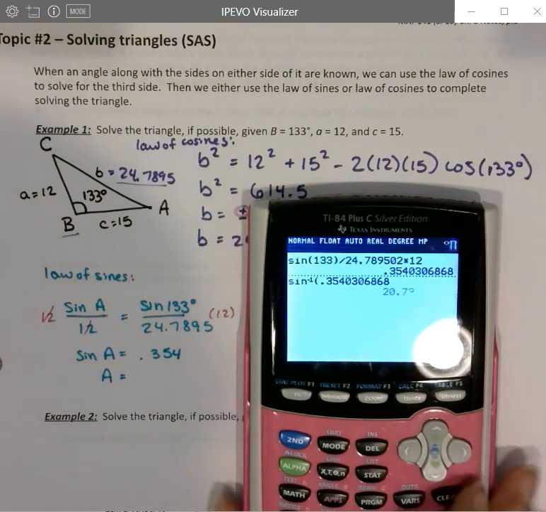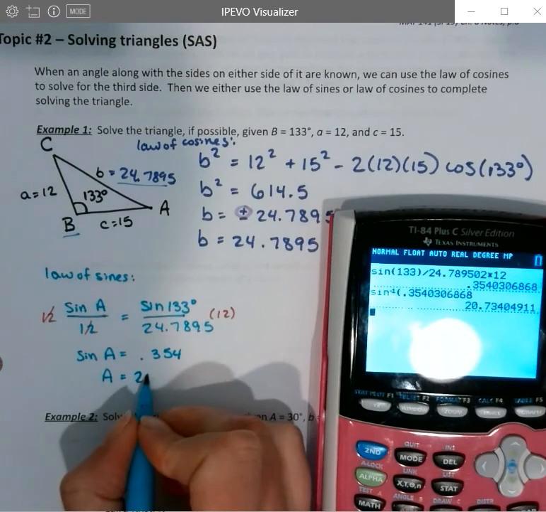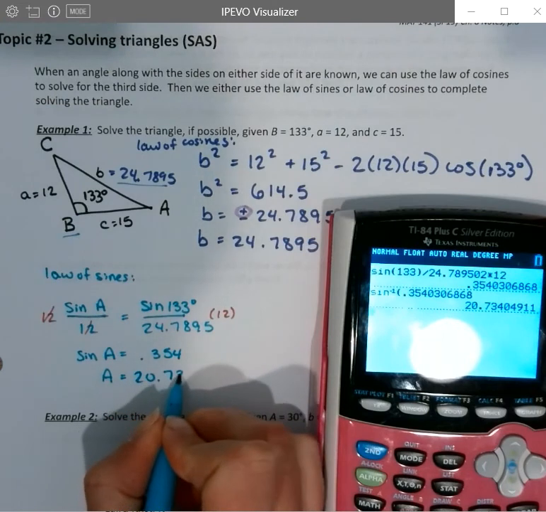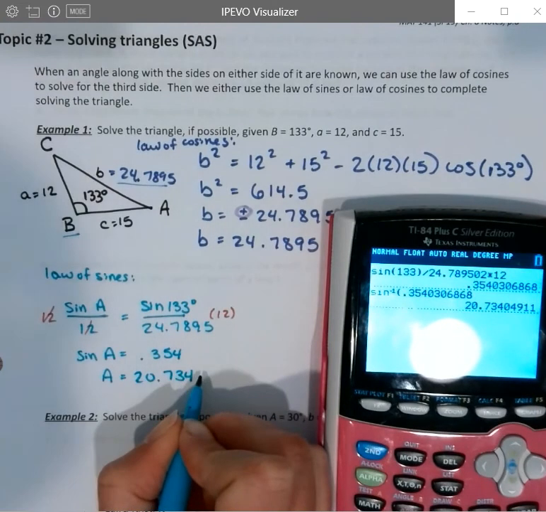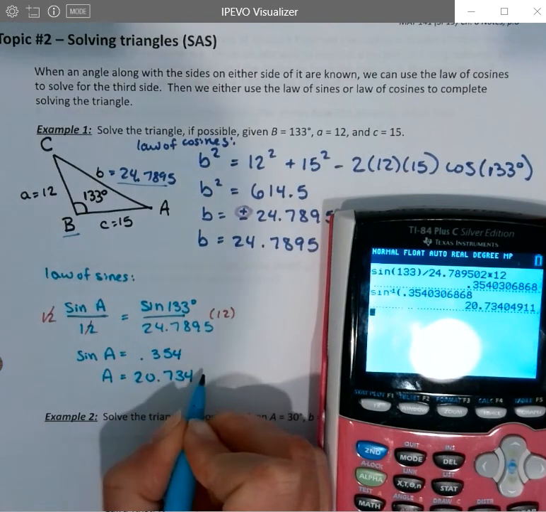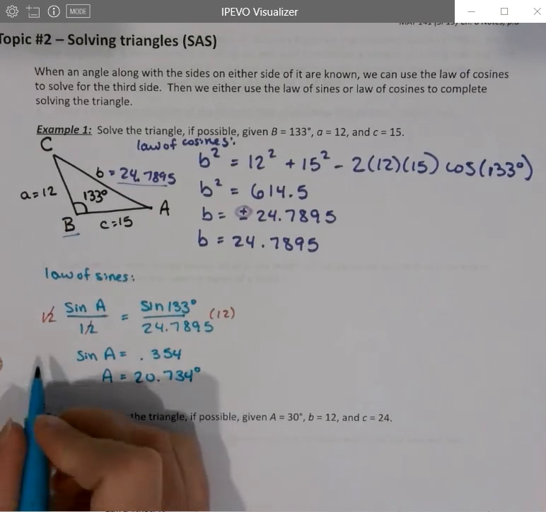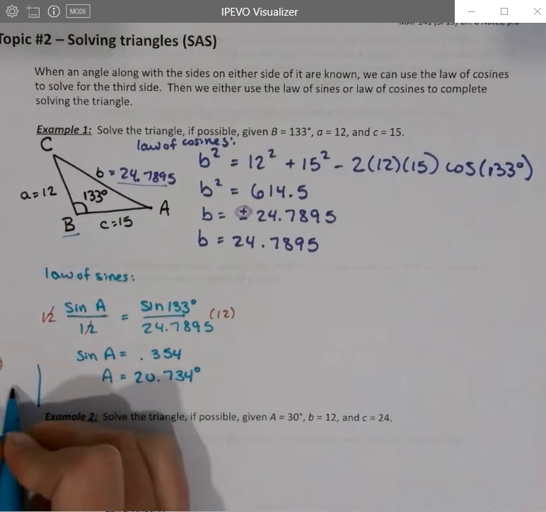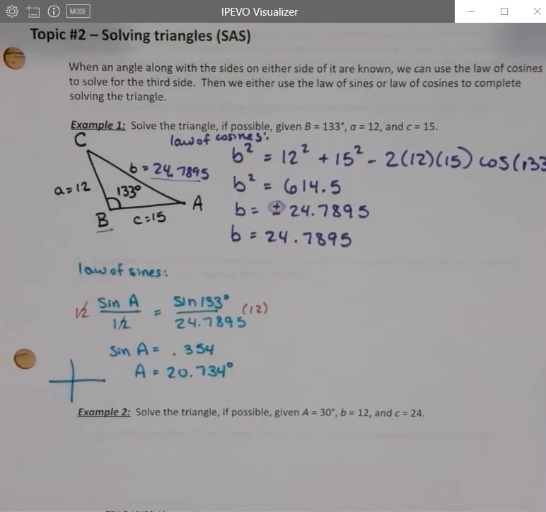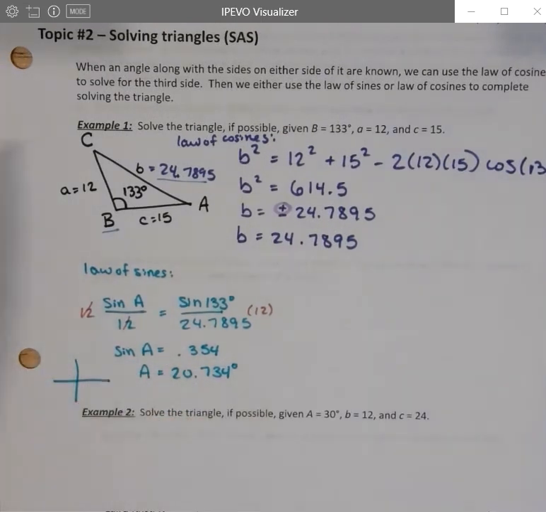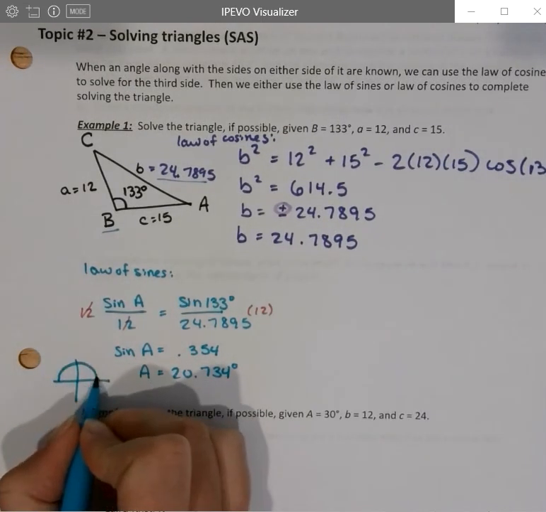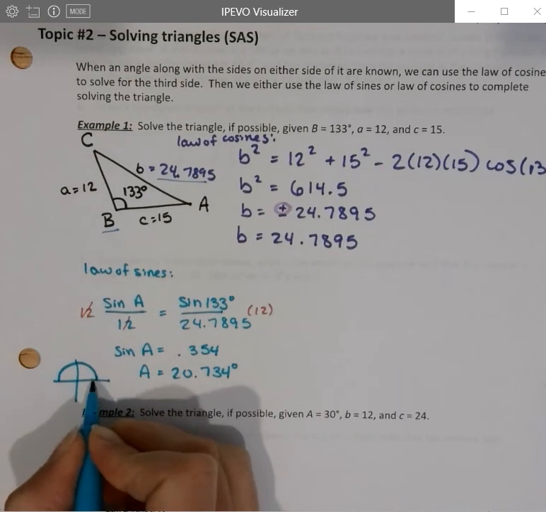And so that gives me an angle of 20.7340. So 734 sounds sufficient there. Yeah, I wouldn't even round up to a 1. So it'd stay a 0 for the fourth place. Degrees. The other option, remember when we do law of sines, there are two options that had a sine ratio that was positive, because sine is positive in both quadrants 1 and 2.